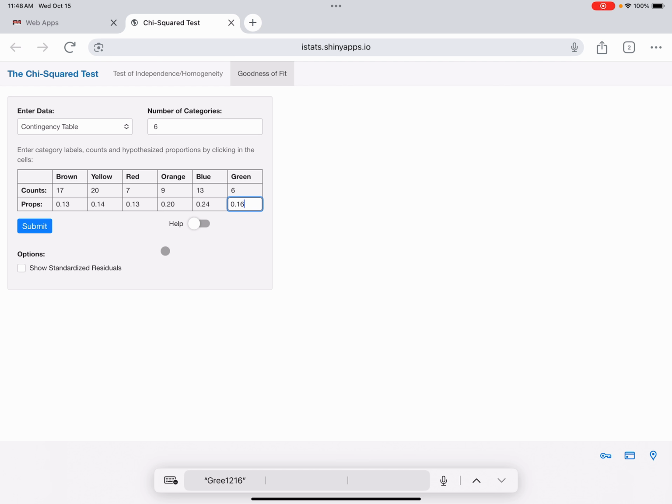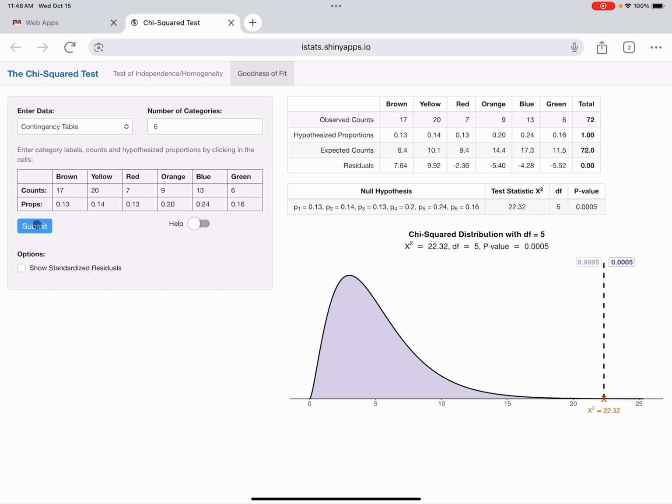Okay, so once you've done all that, then you can hit submit, and it'll calculate the p-value for you. It'll also give you this little table up here, which is really nice. They restate the null hypothesis here in the second row, as well as the observed counts that you entered in, and so you can check your work there.